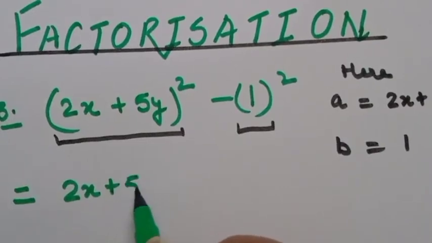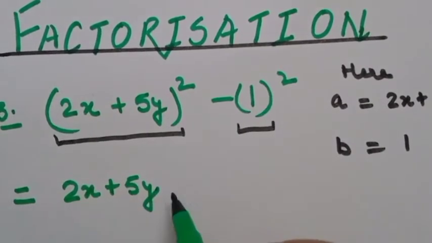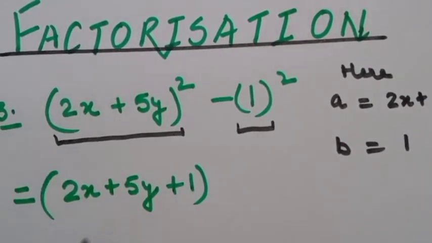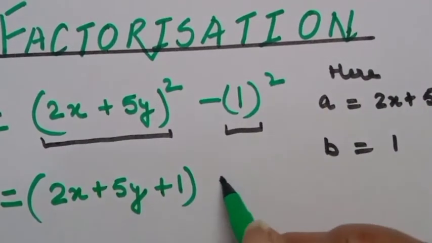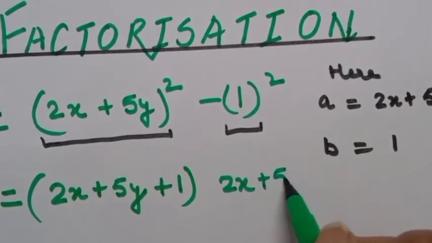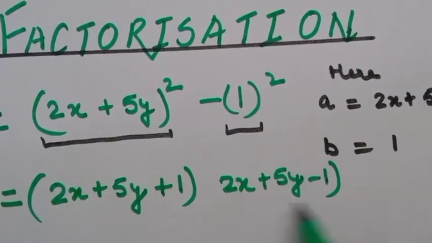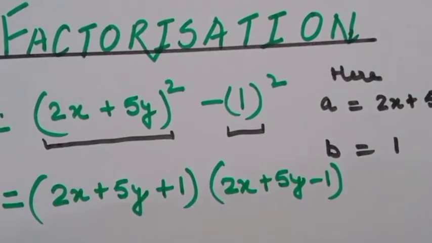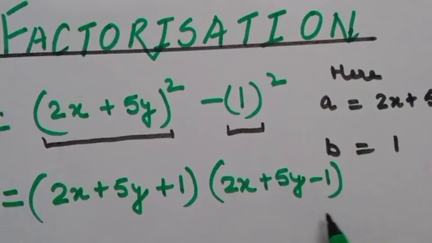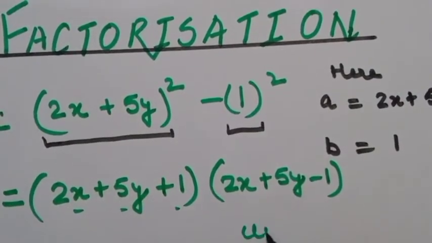Now you clearly know that one time you have to add the numbers, one time you have to subtract the numbers. So we are adding a plus b. The value of a was 2x plus 5y, so a plus b is 2x plus 5y plus 1, and a minus b is 2x plus 5y minus 1. So here you have applied the identity carefully.